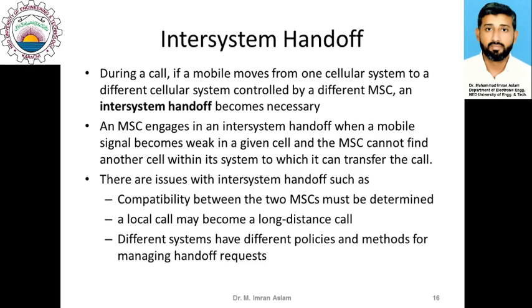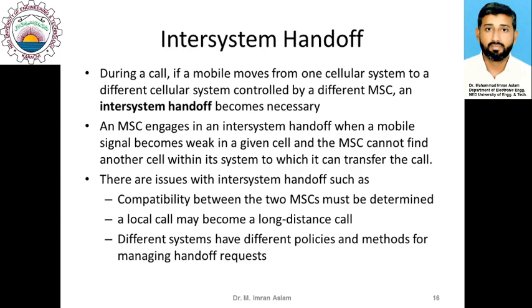First of all, because MSCs in different systems are designed with a particular setup, and their internal setup may differ from each other, there can be compatibility issues between two different types of MSCs. So before making a handoff, compatibility needs to be determined.